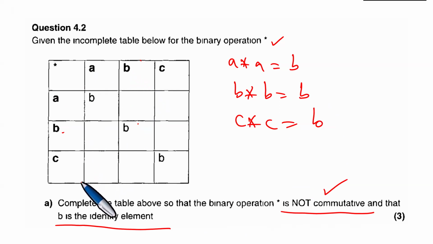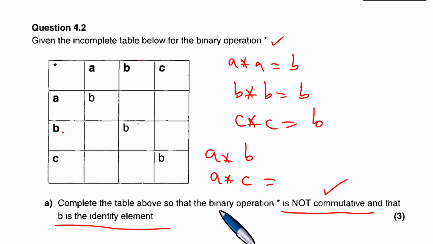Right, so this is what we are investigating. A star B, A star C, because we're able to see that there is B right through there. But now A star B would then be what? But so that it is not commutative.